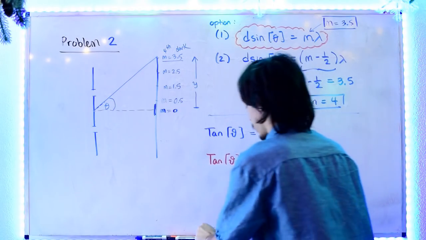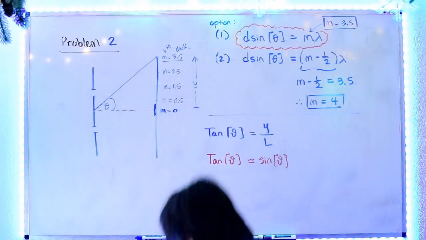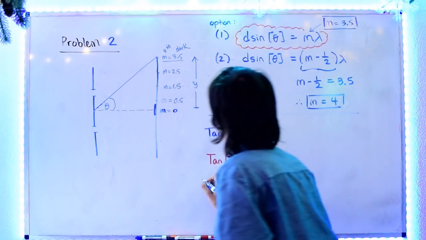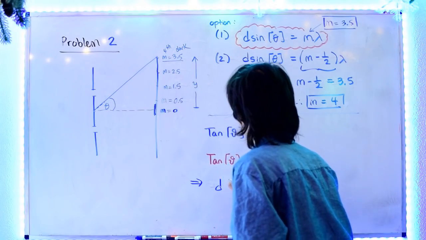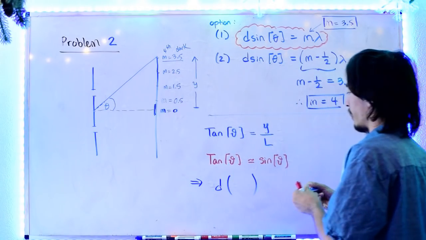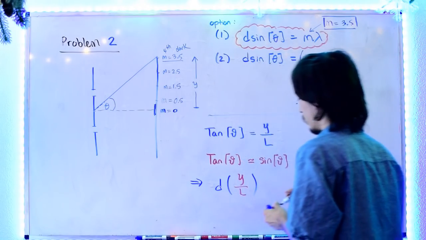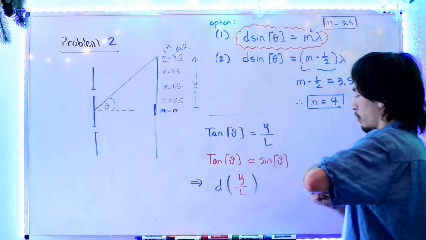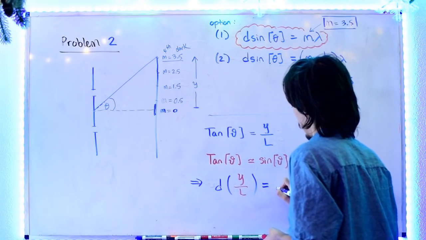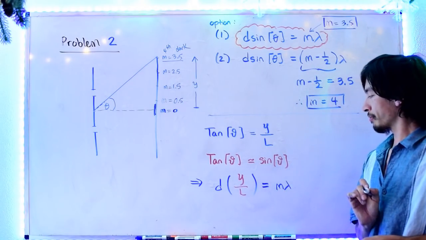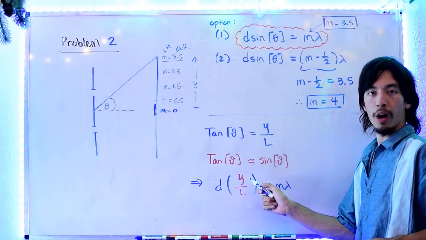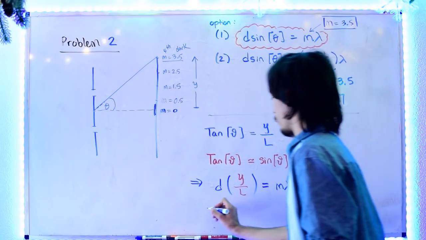So this implies d times y over L is equal to m lambda.